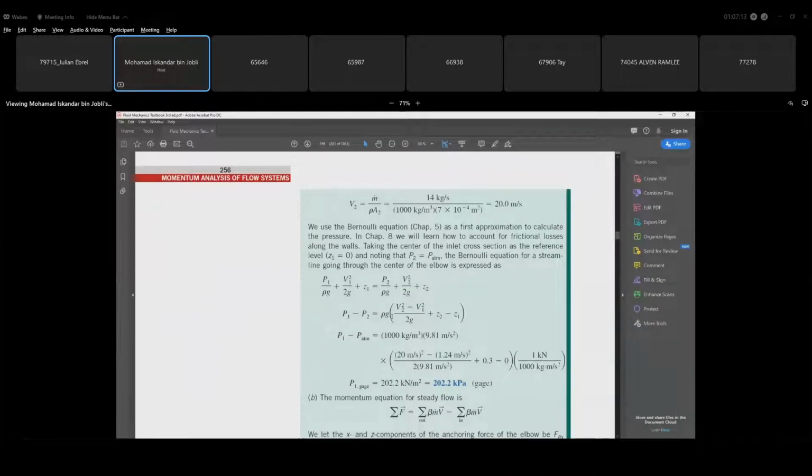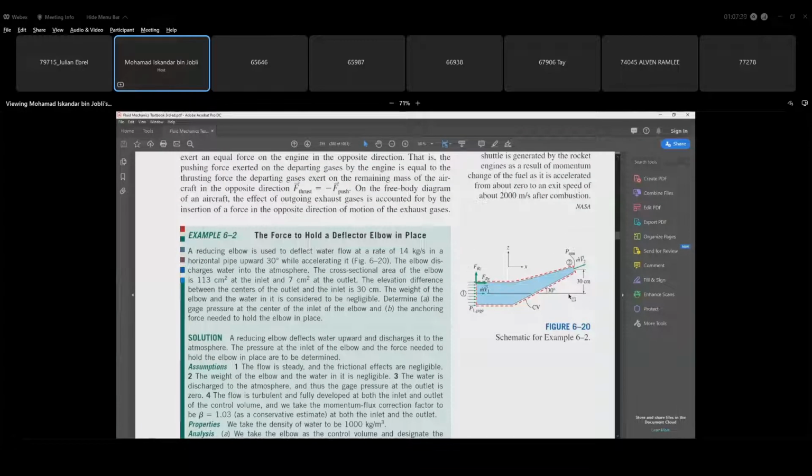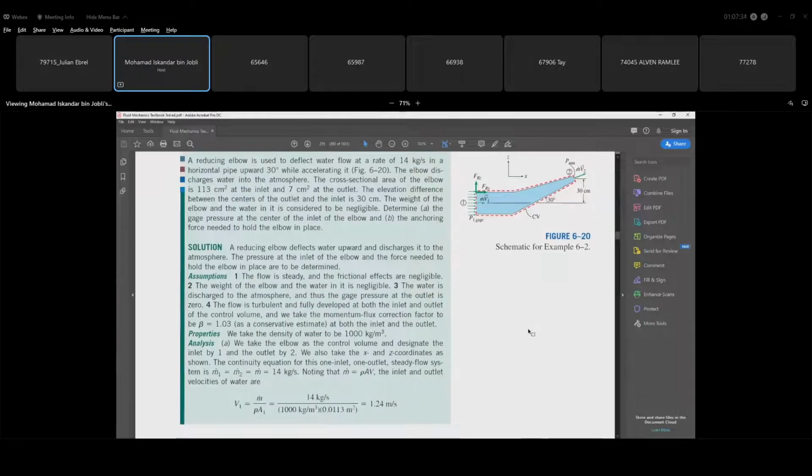You can find the elevation. Z1, of course, there's no elevation. Z2, yes, the elevation 0.3 is given. It says that the elevation from the center to this center is 30 centimeter, which is 0.3 in meter.